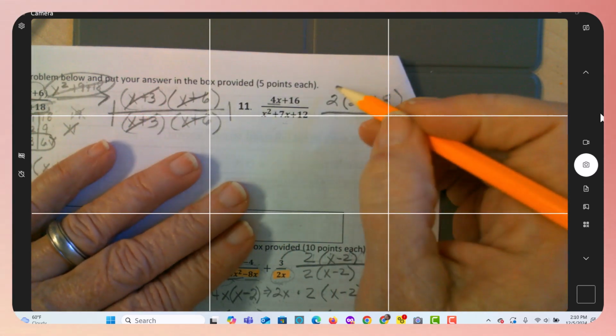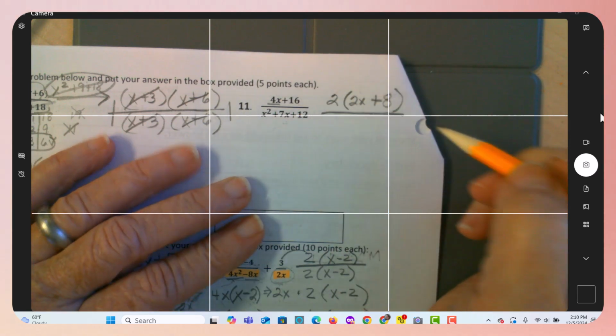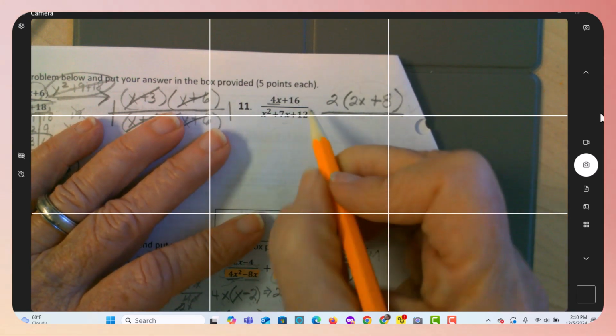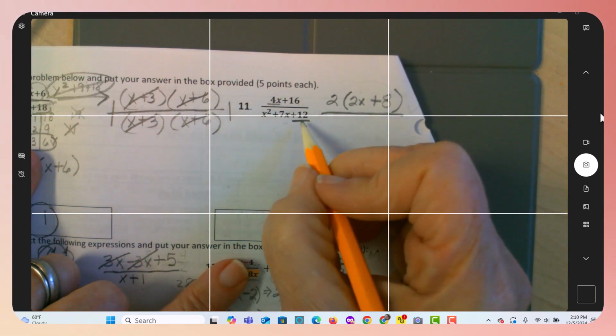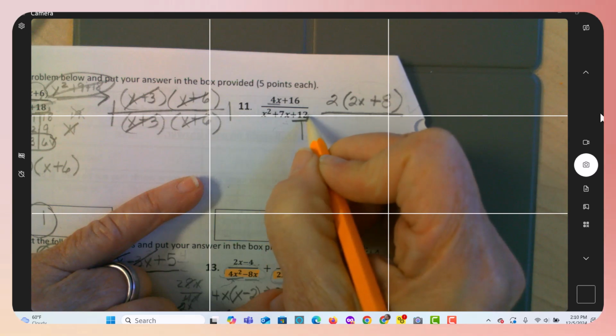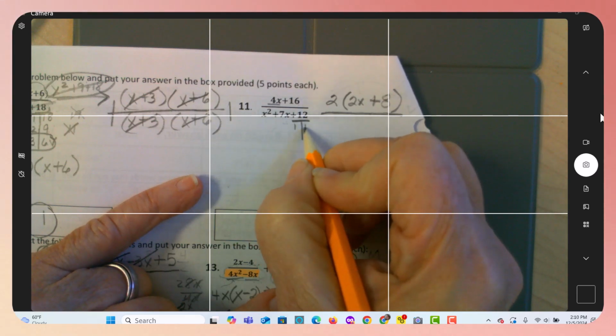Okay, let me check. 2 times 2x is 4x, and 2 times 8 is 16. So that is correct. Now I'm going to factor the bottom the way we factored over here. So I'm going to factor 12 into 2 factors that multiply to give me 12 and add to give me 7. So I start with 1 times 12.